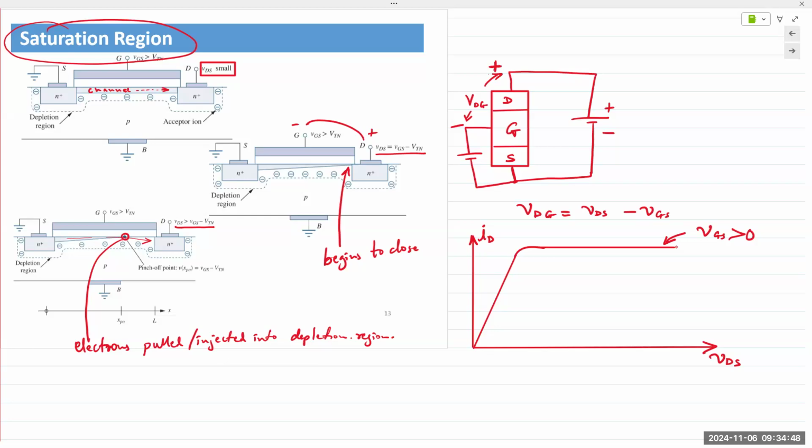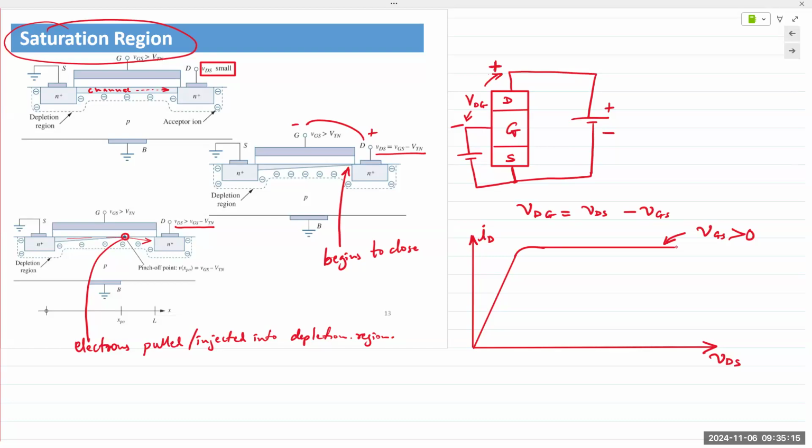So now there are charge carriers that are free to move. And because of the positive forces of attraction at the drain, the electrons are pulled towards the drain and current is still flowing in the MOSFET. However, it's now pinched off, so the level is constant. Okay, so the level remains constant.